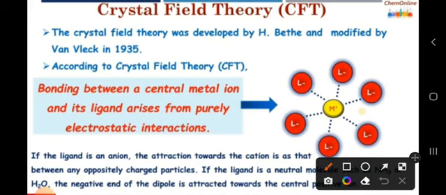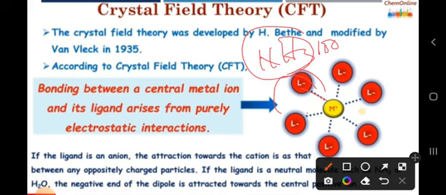These are oppositely charged particles: if it is an anion and the other is a cation. If the ligand is a neutral molecule, for example NH3 or H2O, this we call ion dipole.